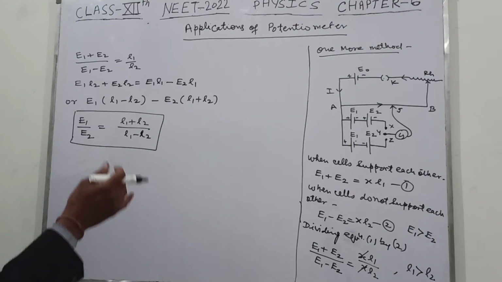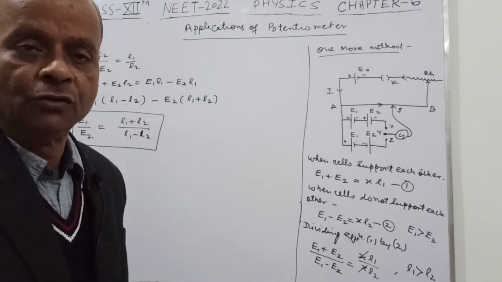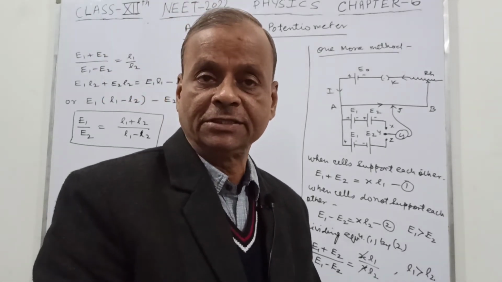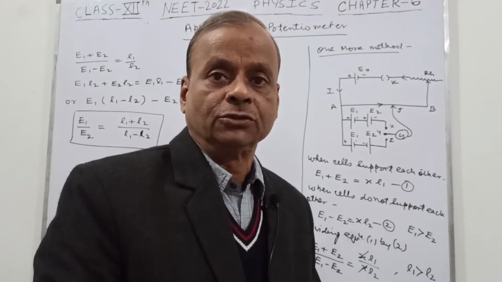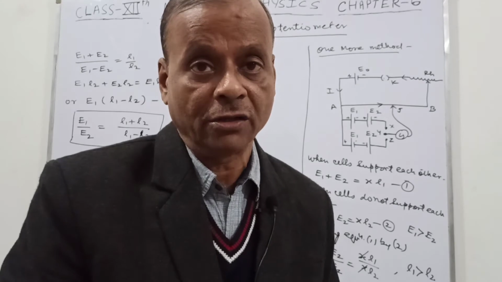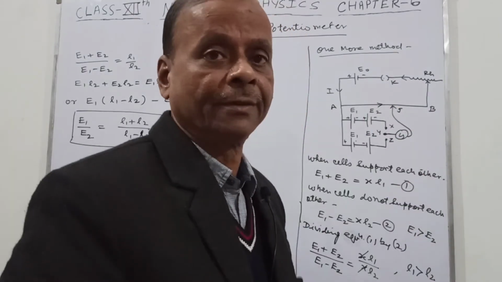So we can also compare the EMF of the cells when they are supporting each other and when they are not supporting each other. So we can have this formula also. Generally the question given in the board exam or in the competitive exam is like this one.